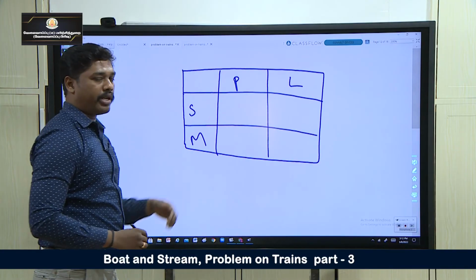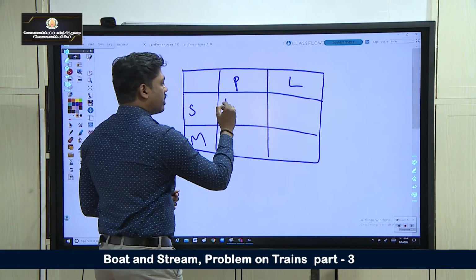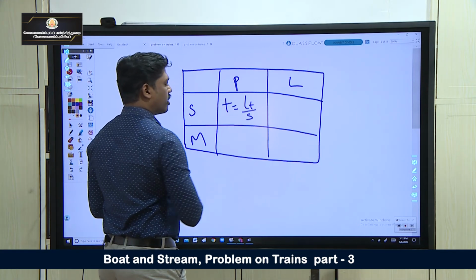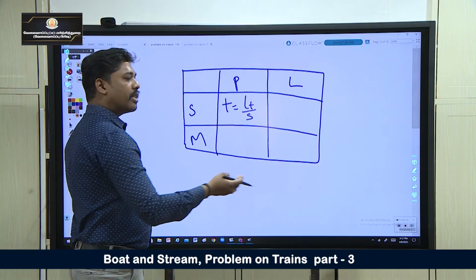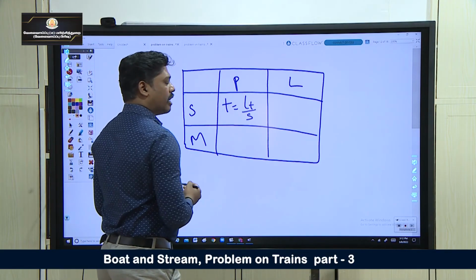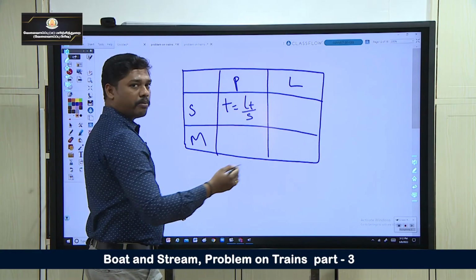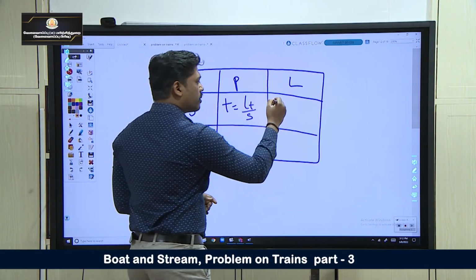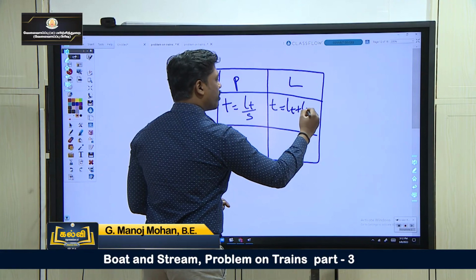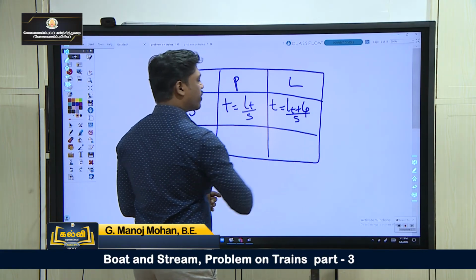For stationary point, time is equal to length of train by speed of train. Examples are a pole, a signal, a man standing. For stationary length, examples are a platform, bridge, tunnel, etc. The time taken there is length of train plus length of platform divided by speed of train.